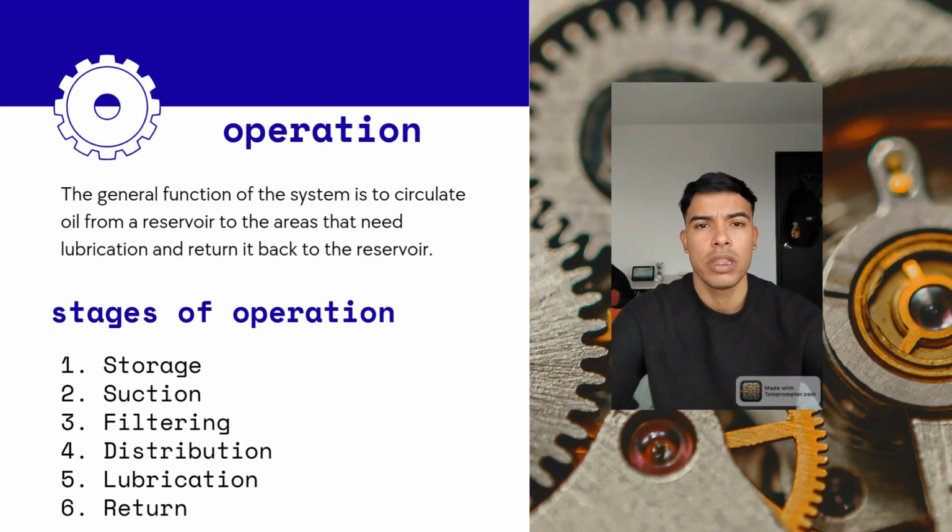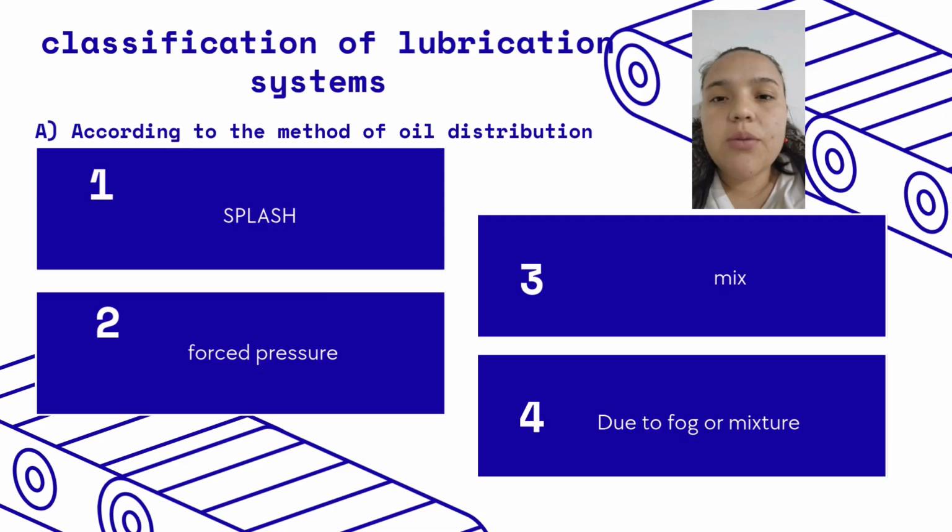Lubrication system classification. These are distributed in three types of lubrication system. The first is according to the oil distribution method.